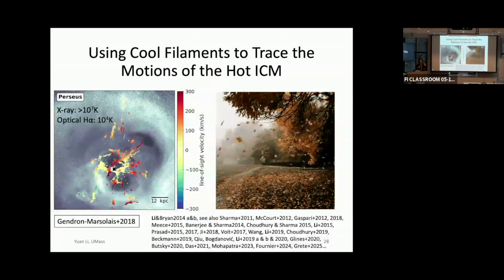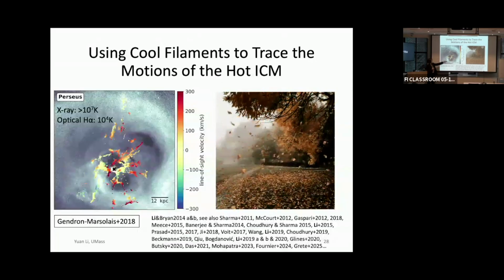That's my understanding, but the good thing is there are no observers here. Nobody can correct me. But what I know for sure is that if we want good spatial and spectral resolution, we want to use optical or radio observations. And luckily for us, the centers of galaxy clusters are oftentimes multi-phase.